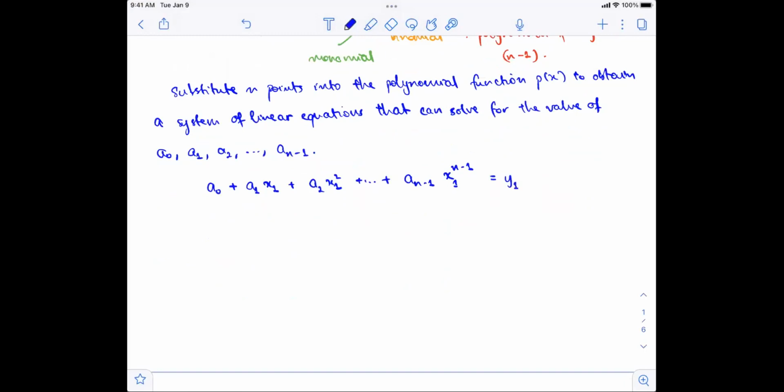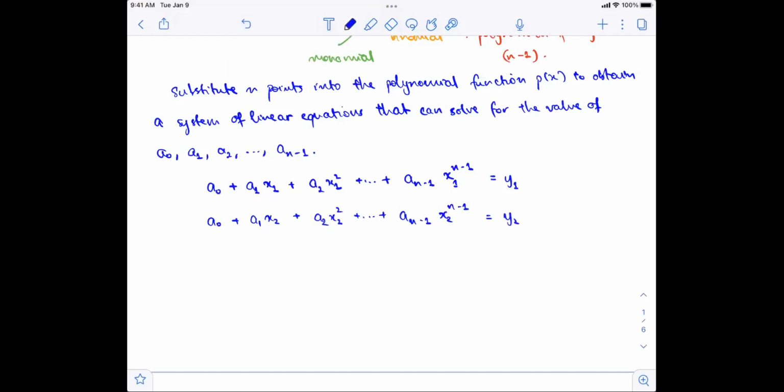Now you have n points, so you're going to do that n times, right? The next point is a0 plus a1 times x2 plus a2 times x2 squared, and so on and so forth, up to a sub n minus 1 times x2 raised to the power n minus 1, equal to y2.